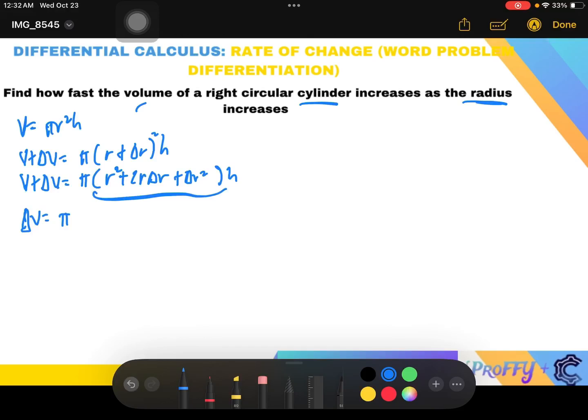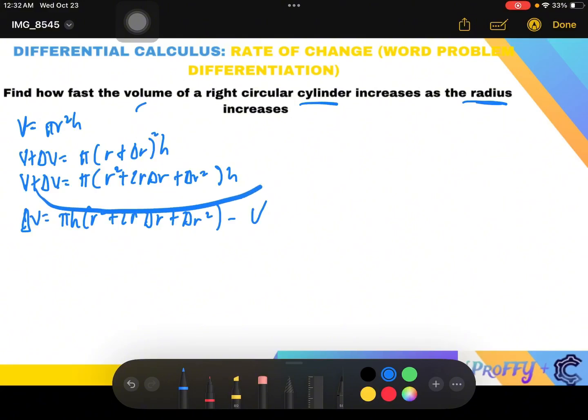Multiply the pi and h, so magkasama na sila: r squared plus 2r delta r plus delta r squared, minus V. The V yung tinranspose natin. What is the value of V? V is pi r squared h.